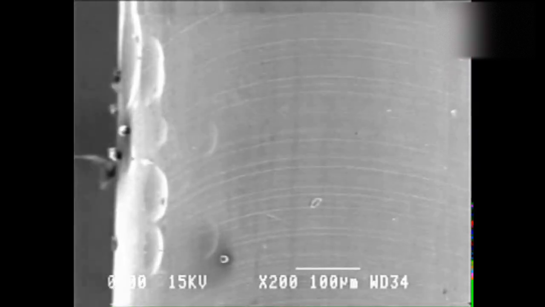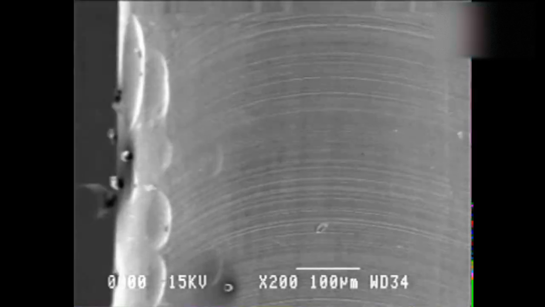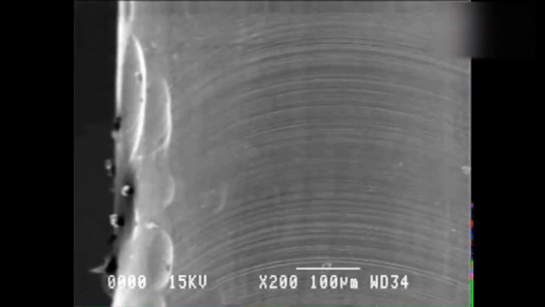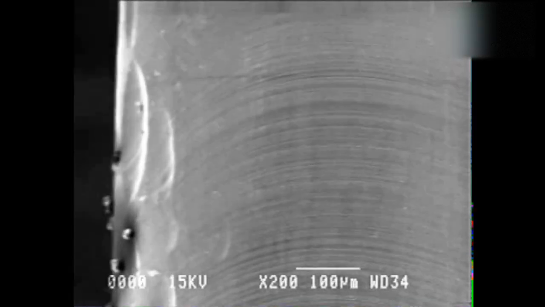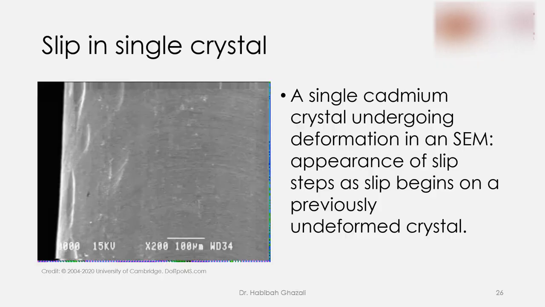This video here shows a single cadmium crystal undergoing deformation in a scanning electron microscope. You can see the appearance of slip steps as slip begins on a previously undeformed crystal. And you can see that these steps are parallel to each other. This is how plastic deformation happens in a single crystal.